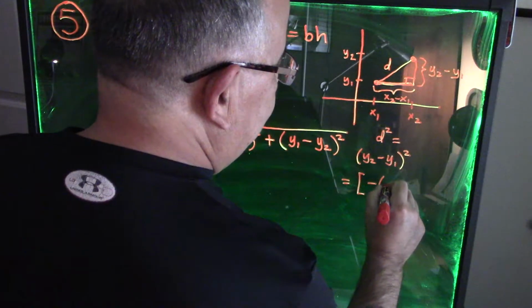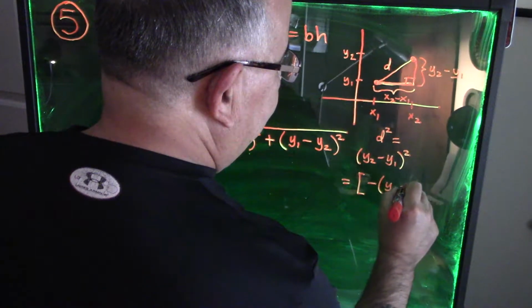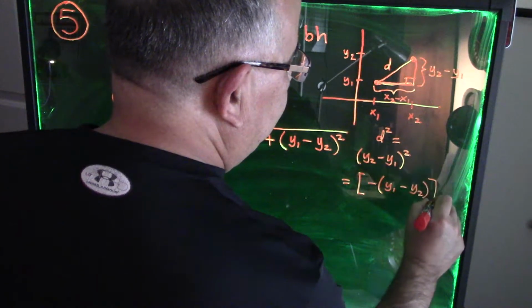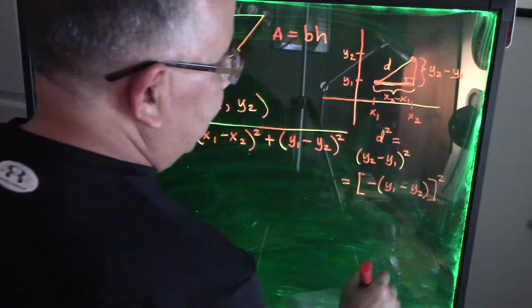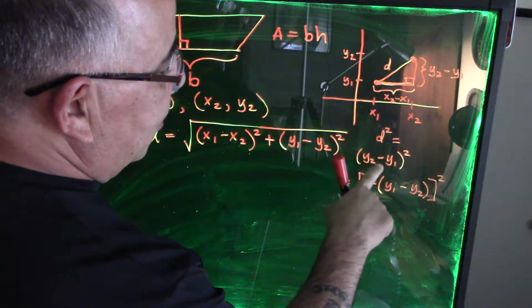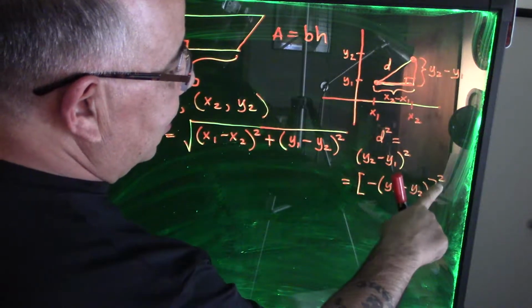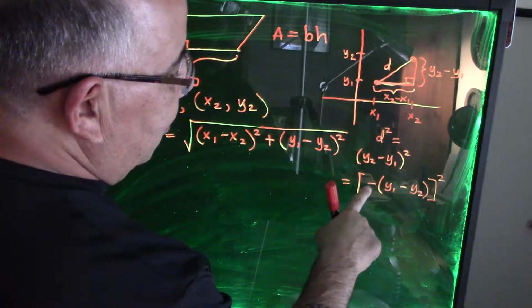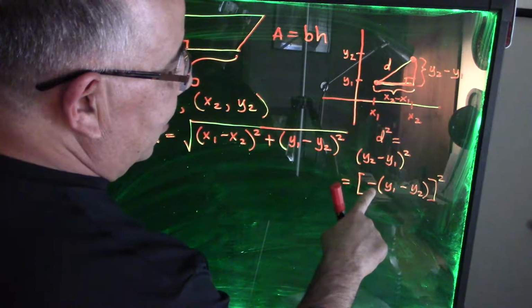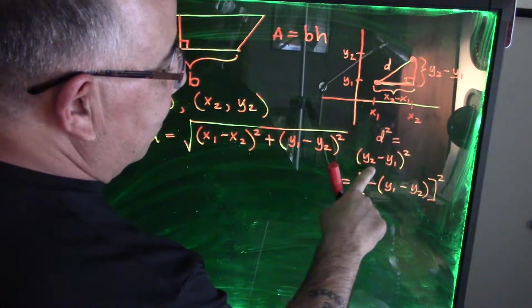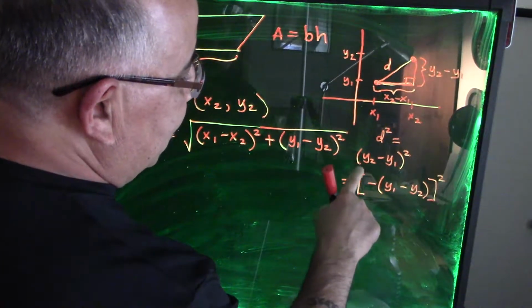That gives you y1 minus y2, and all that's squared. I'm doing all of this inside the parentheses, so I'm putting brackets, there's a square. I'm factoring out a -1 from these two. If you distribute it back through, you'll get -y1 plus y2, which is what you had here. So these are equal.